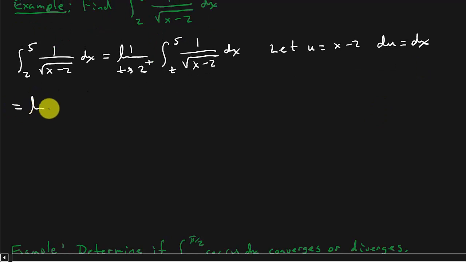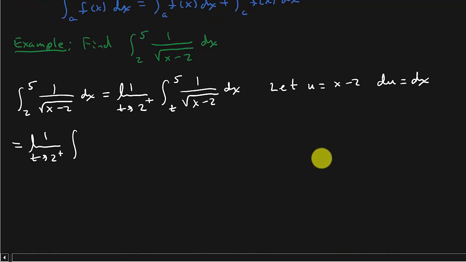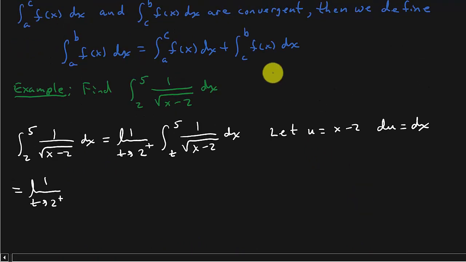And so this is going to be the limit as t goes to 2 from the right of the integral. Now, I think it's easier just to do this substitution off to the side.